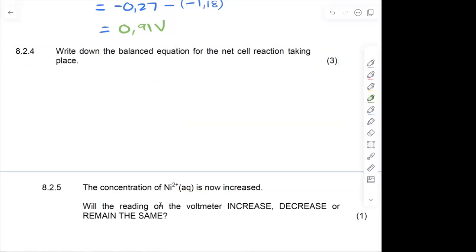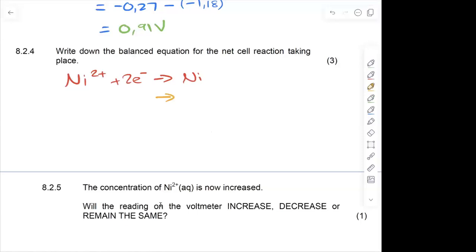So if you guys can remember, let's quickly do that. So we start off with, let's say, our oxidation or reduction, doesn't really matter. Let me do the reduction reaction. So we know that we have nickel 2+ plus 2 electrons, giving us nickel metal. Then the reduction, I'm going to leave my arrow in the same place. Right.